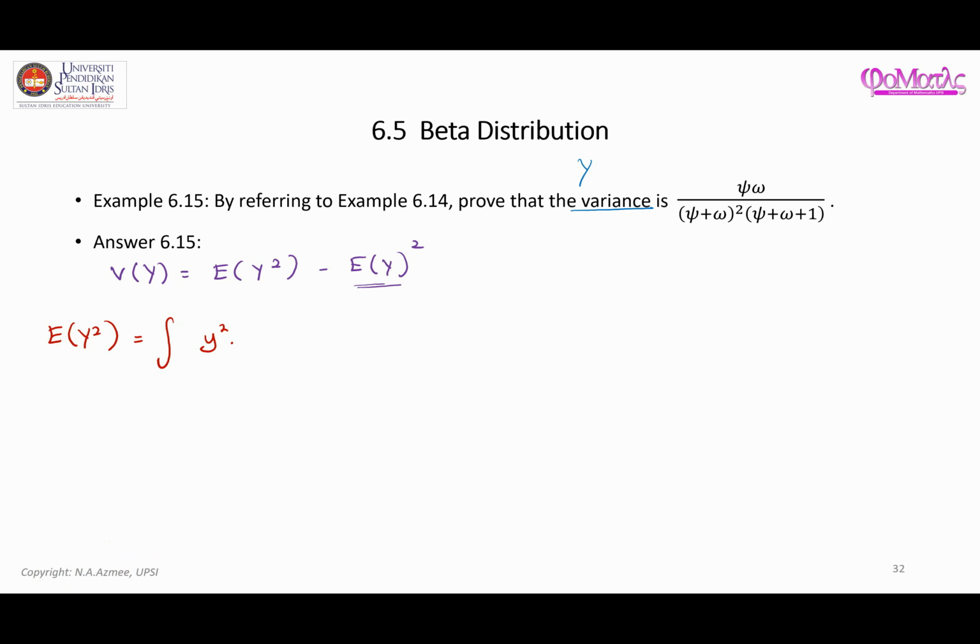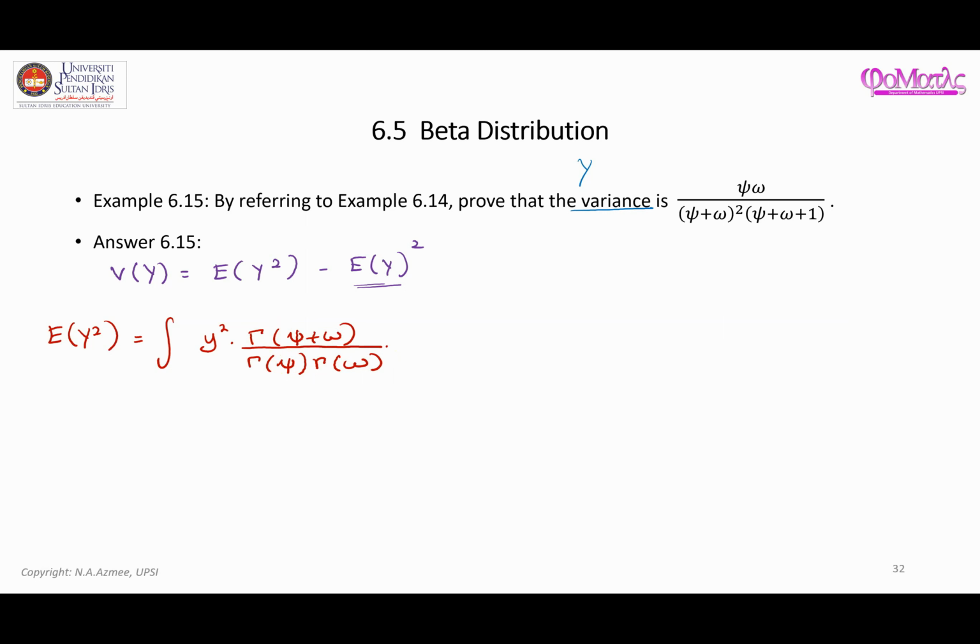We have y squared, and then we have this long density function, which is psi plus omega, psi and omega. Whew. This is just a long process.